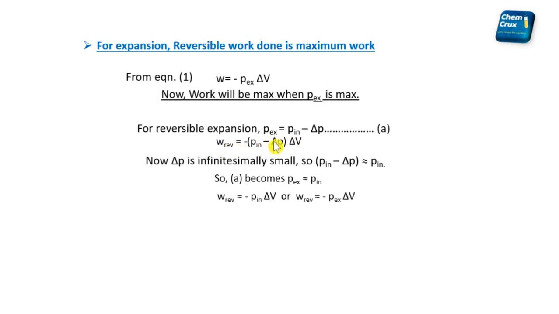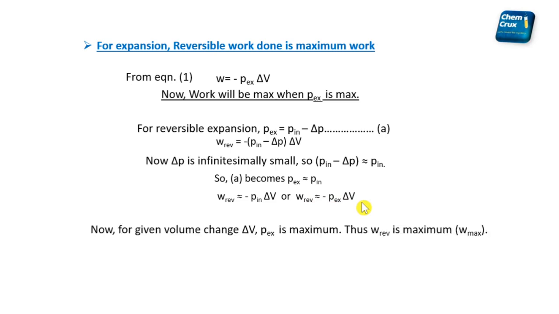Since delta P can be neglected, W reversible will become equal to minus P internal delta V, and also since P external has become almost equal to P internal, in place of P internal we can write P external, or W reversible will be almost equal to minus P external delta V, correct?